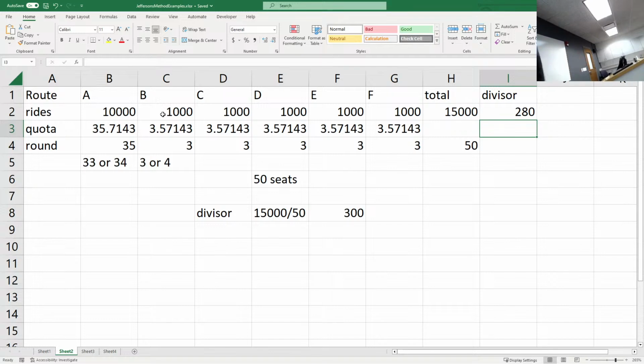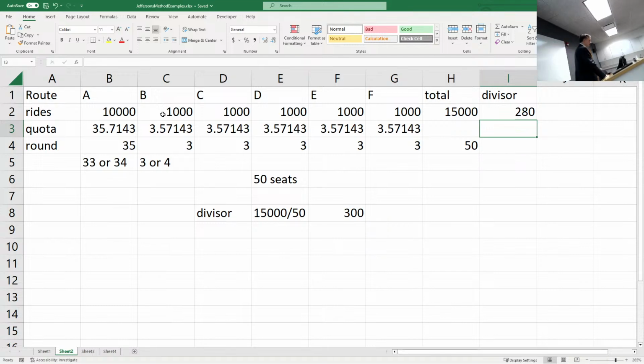So on your homework, you're going to work out your problem, finish the problem, and then it's going to ask, have you violated the quota rule? When you get to that point, and I'll show you an example of this from the homework in just a minute, you need to go back and ask yourself, well, what was the upper and lower quota?